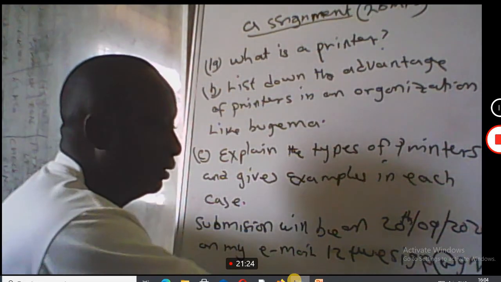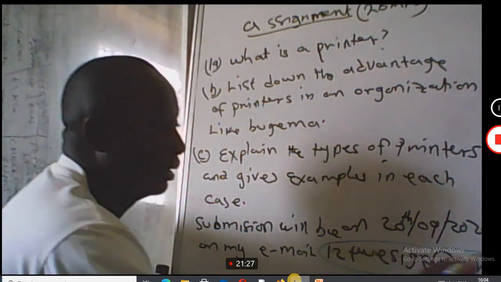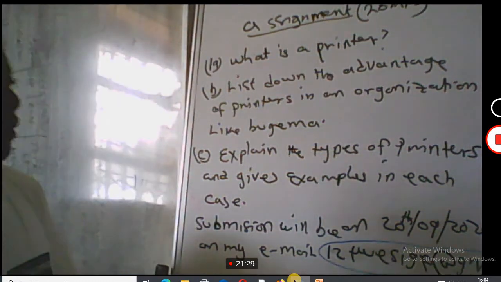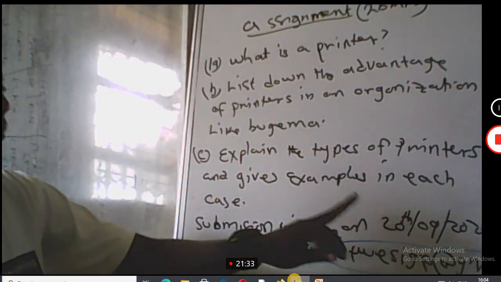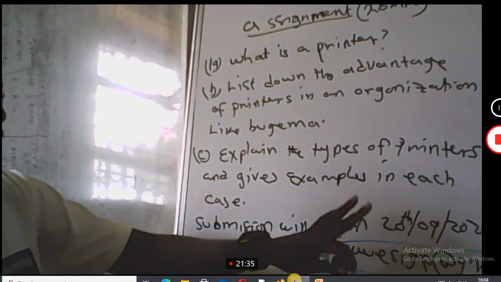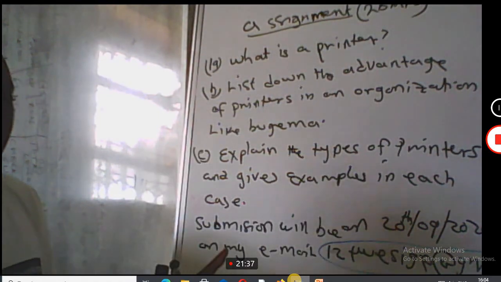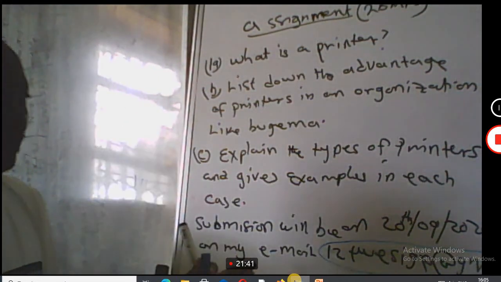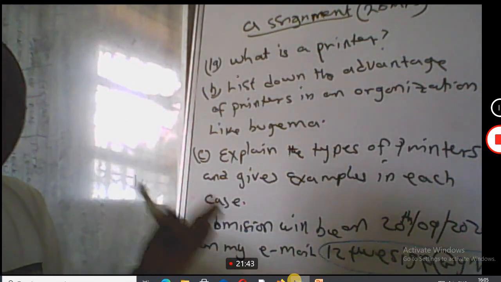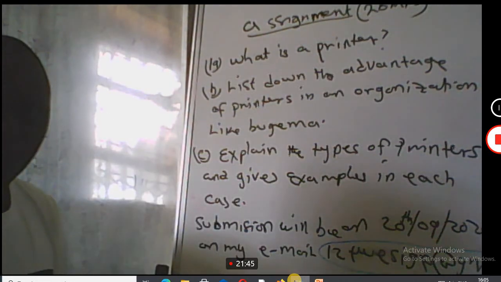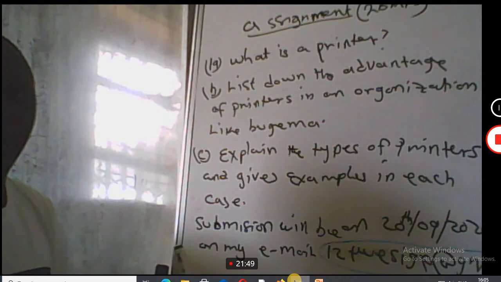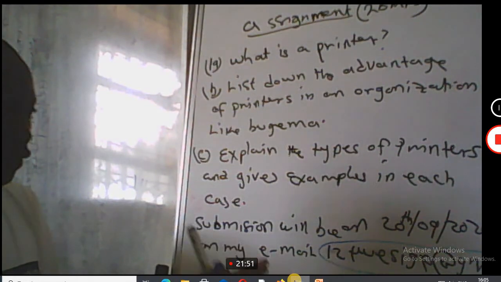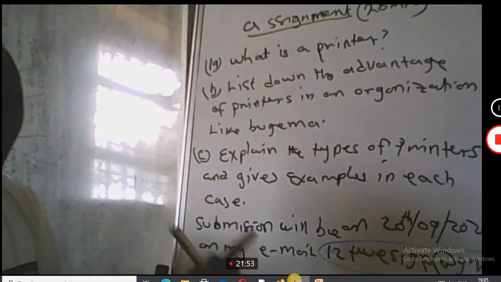On 20th, any assignment that will not be submitted on 20th, he or she will get 0. No compromise, no excuse. Are we together? So please make sure that you observe and do your work.